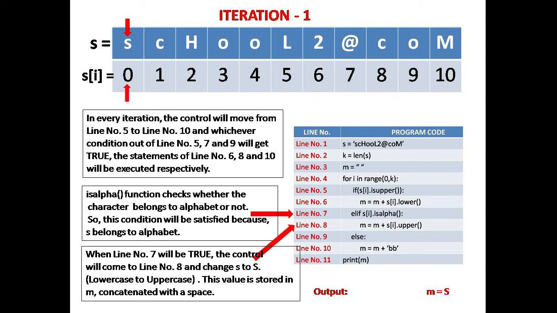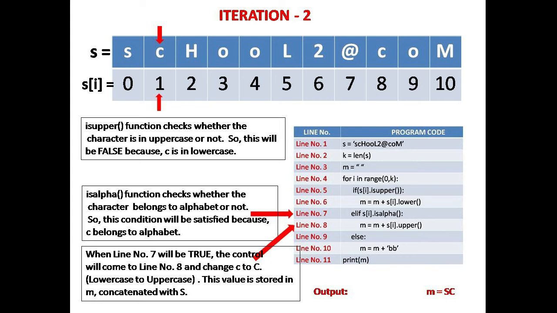This plus sign means concatenation of two strings. m is also having a string, that is a blank space, and one character is coming through s[i], which is capital S, and it is stored in m. So the first output piece will be capital S, which is stored in m.